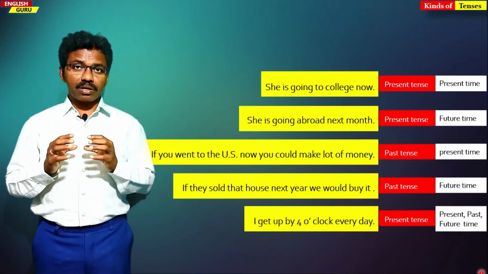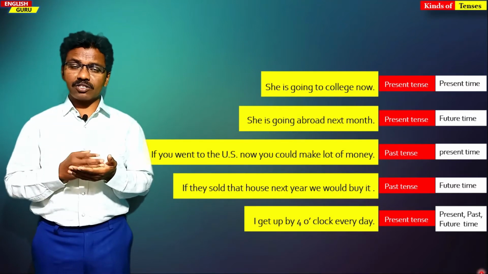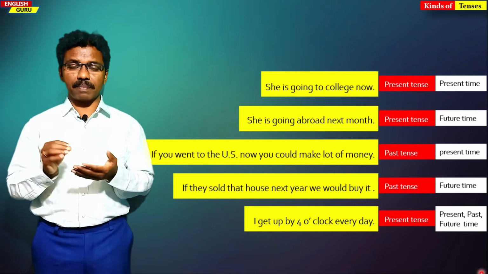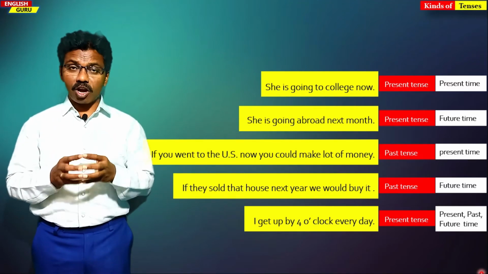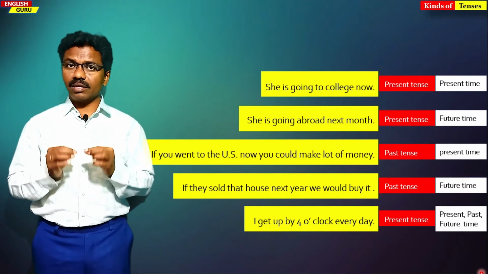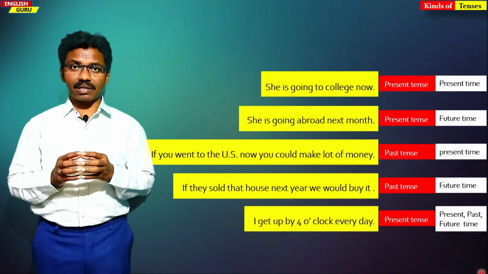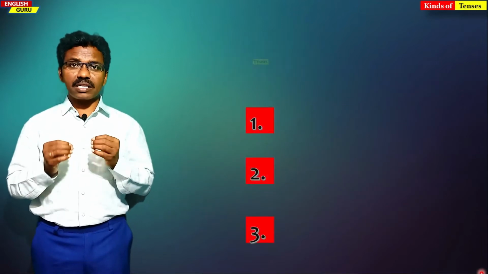So we cannot come to a conclusion that present tense talks about only present time, past talks about only past time. No, that is not right. We have to understand the form of a verb and the time, then only we can understand the tense in a proper manner.